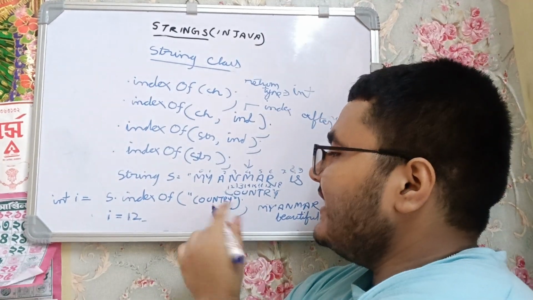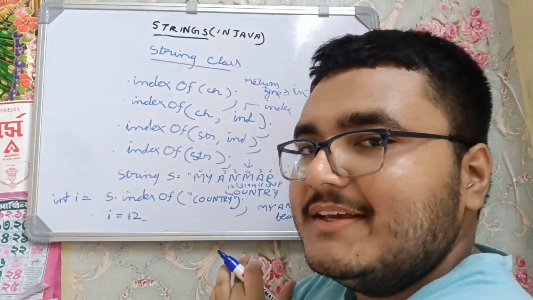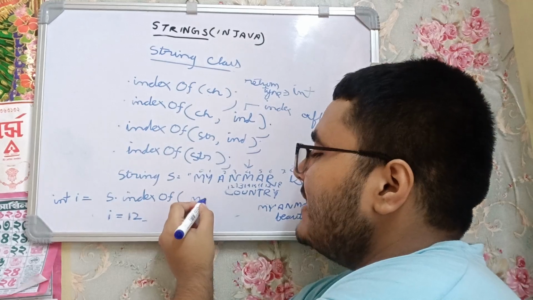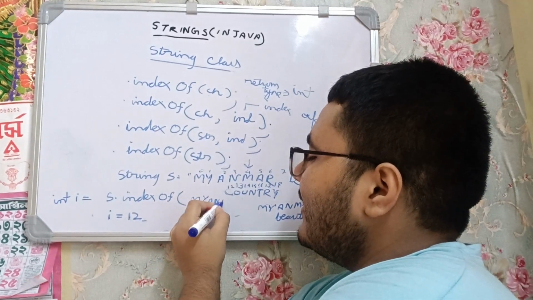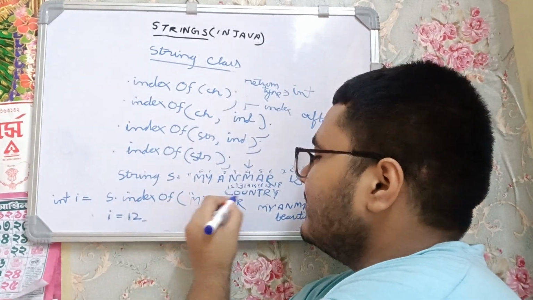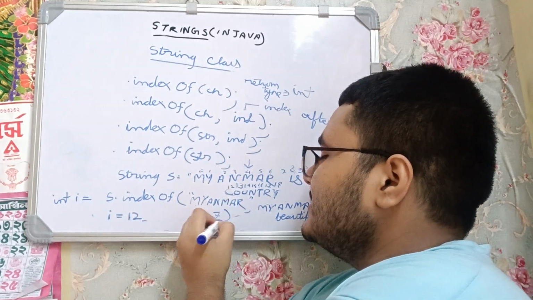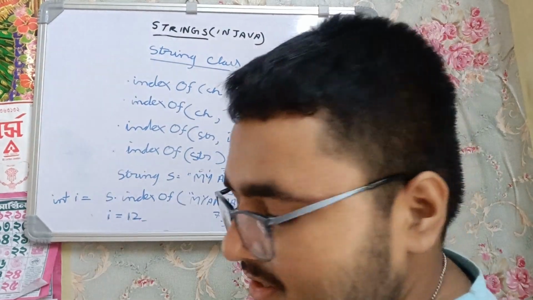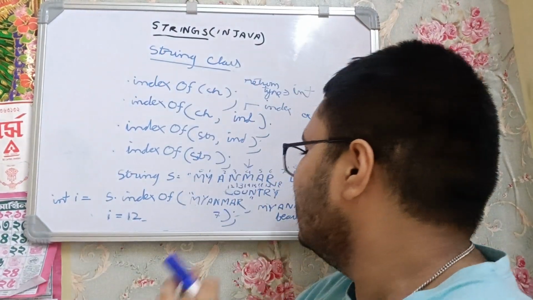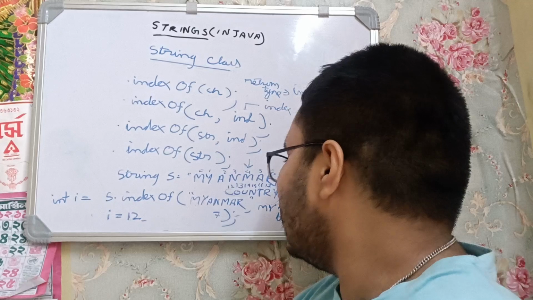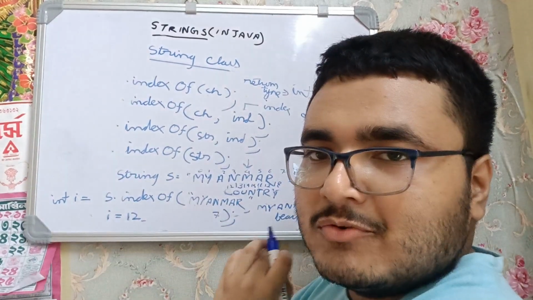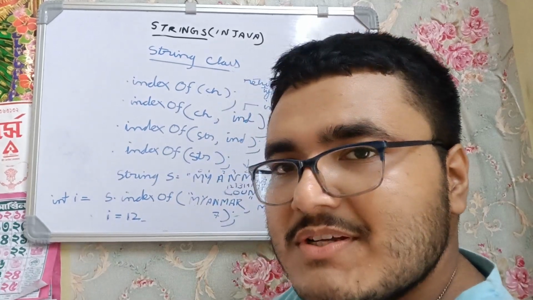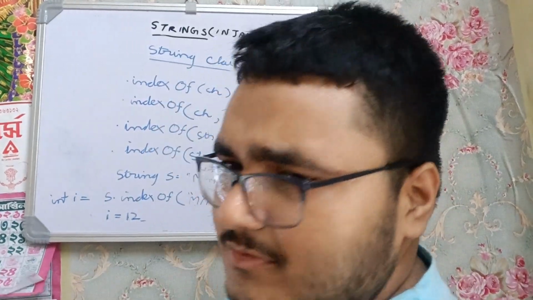If I write Myanmar comma 7, then after index 7, wherever the next Myanmar is present, it will throw the index of the first character of that particular word. Just find it out and let me know in the comment section. So that was the concept of dot indexOf.